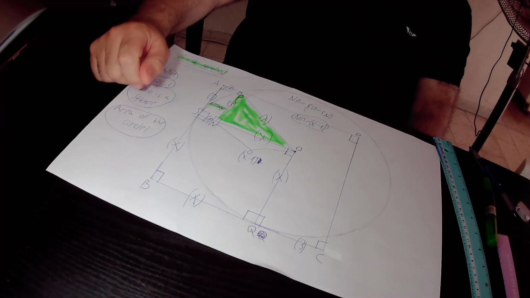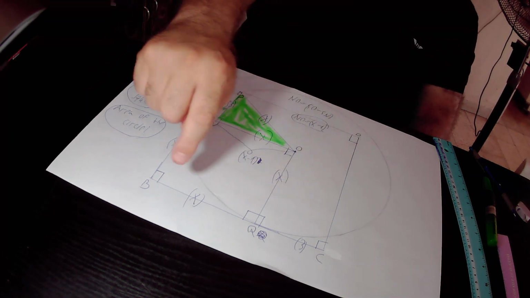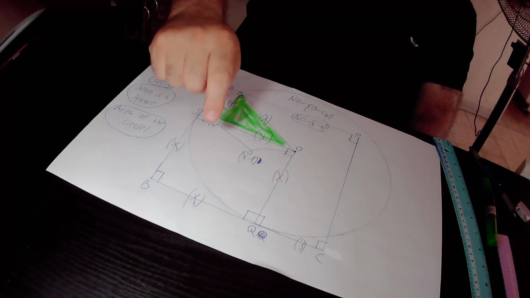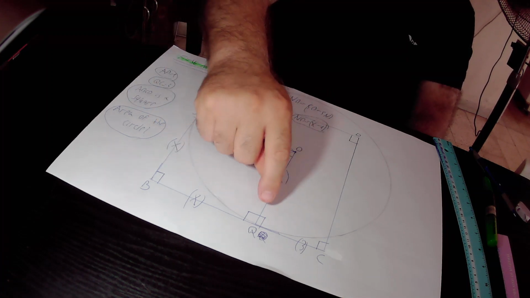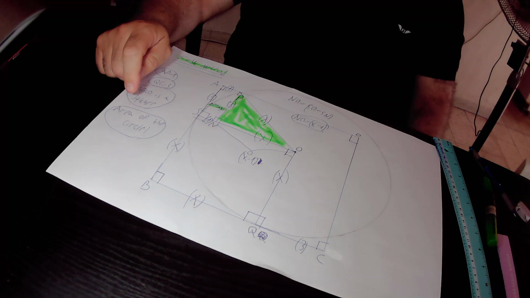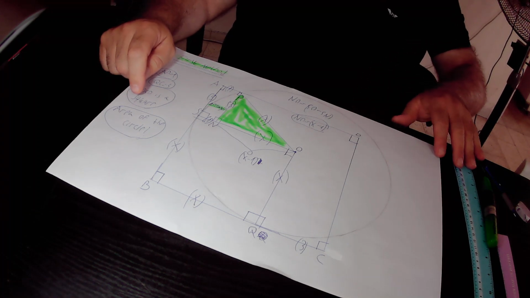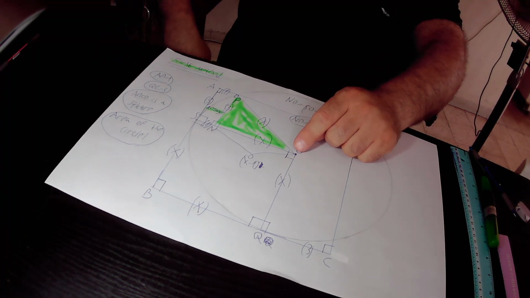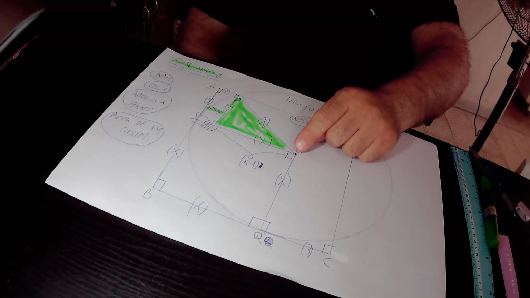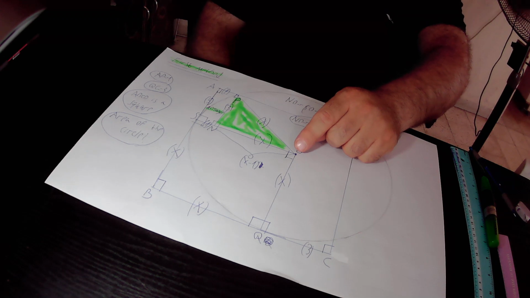So actually, inside quadrilateral SOQB, we have 1, 2, 3 right angles. The sum of 3 right angles is 270 degrees. So 270 degrees plus the size of this 4th missing angle, in total, must be equal to 360 degrees, according to the rule that states that the sum of the angles in any quadrilateral is equal to 360 degrees.